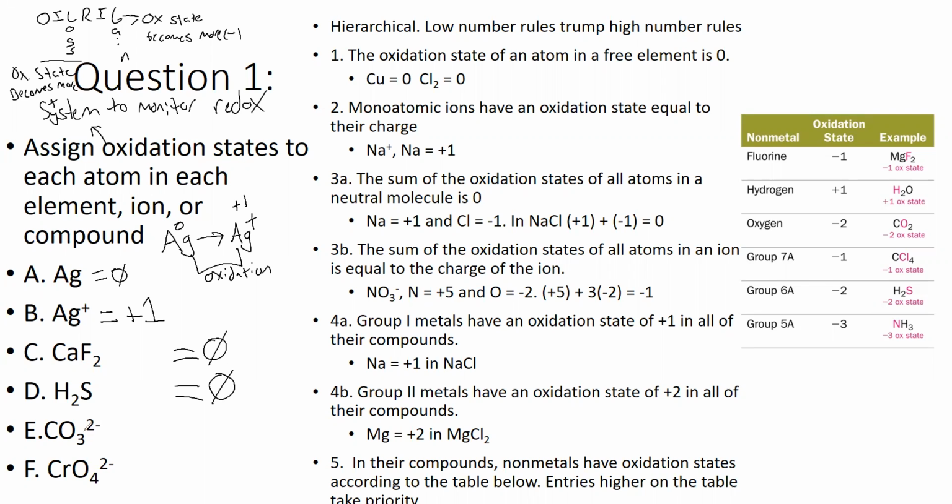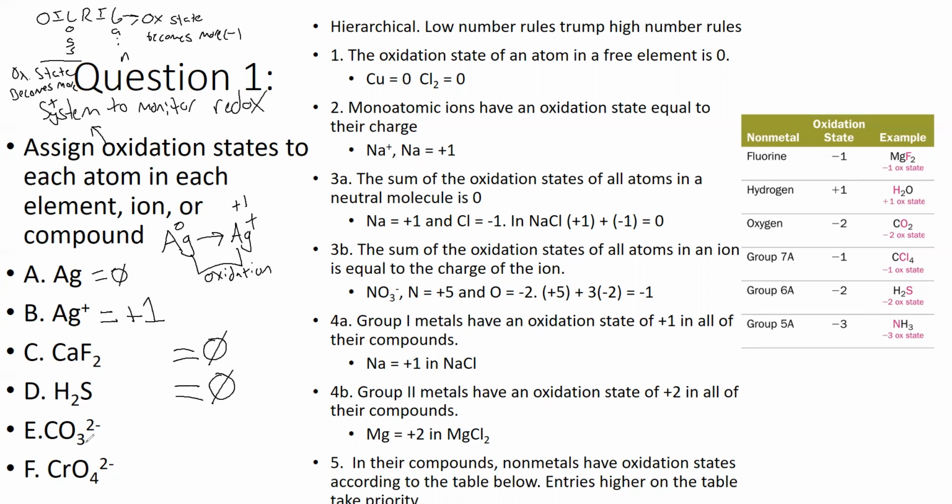And you see for E and F, my molecules have charges on them. And so that is rule 3b. If you have a molecule that has a charge, all of the oxidation states taken together must equal that charge.